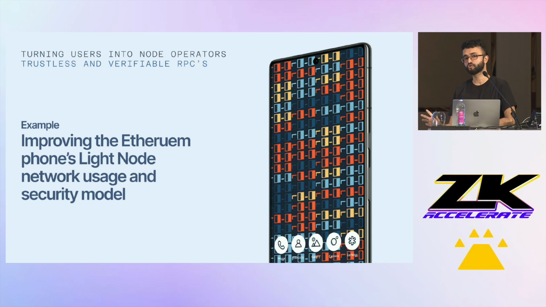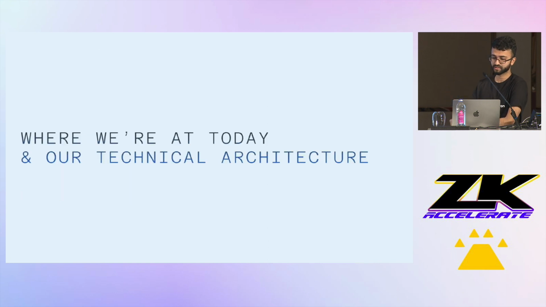You can switch off your phone for a couple of weeks, come back online, download a couple of hundred bytes of data, and that's it. You sync to the Ethereum blockchain, and you can start sending and receiving transactions and interacting with the chain as you see fit. So again, it maintains the same security model while reducing the data, network, and computational requirements quite significantly.